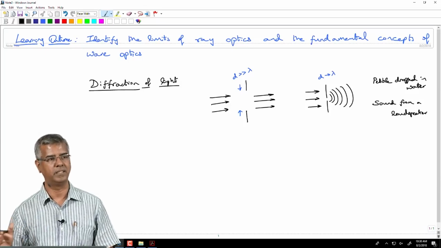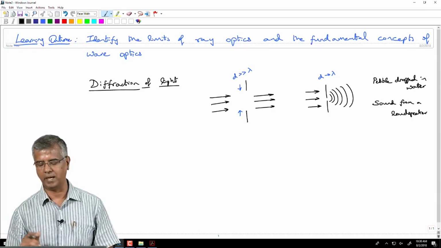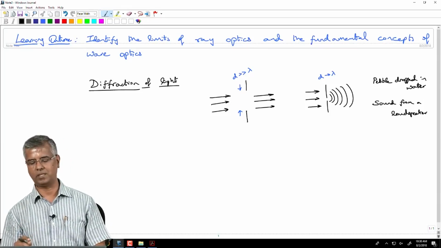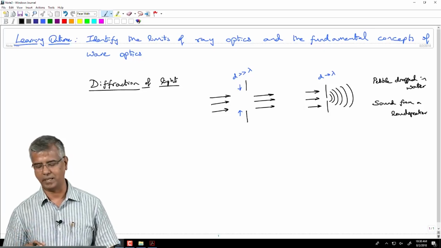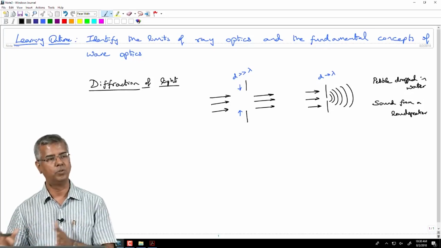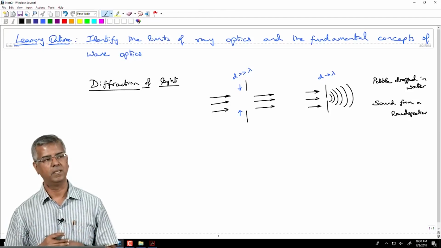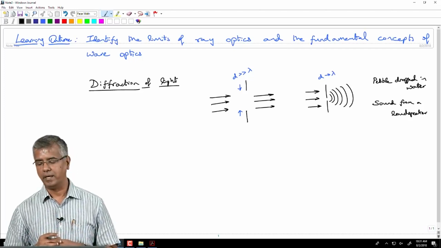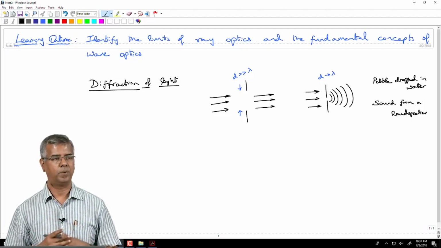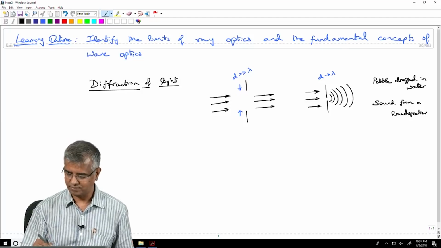Ray optics gets limited when it is actually having to deal with structures where the feature sizes are comparable to the wavelength of light. So, you have to jump over to wave optics and you need to understand how light propagates as waves. Okay. And any problem where you are dealing with propagation of waves, where does it start?